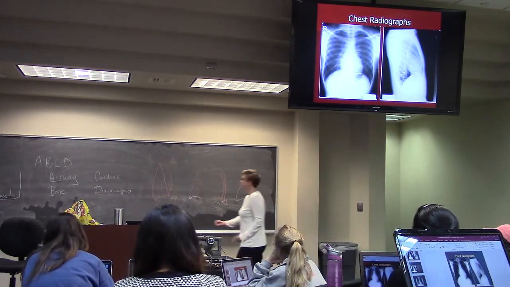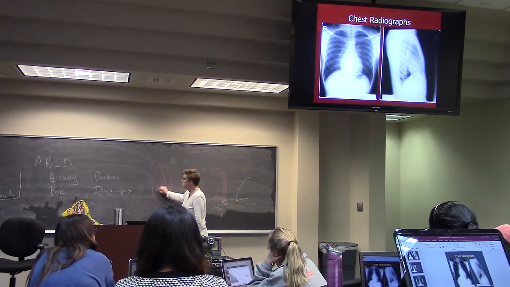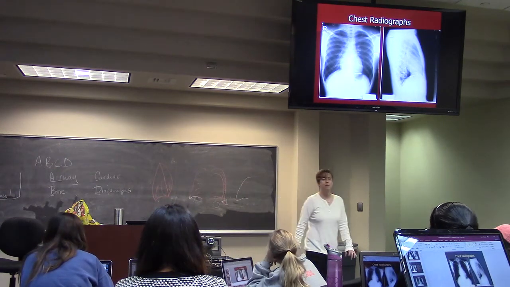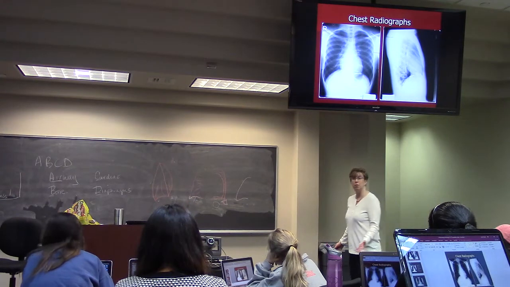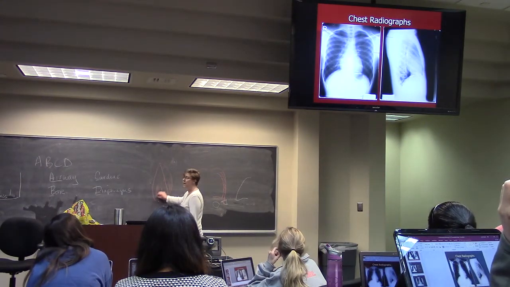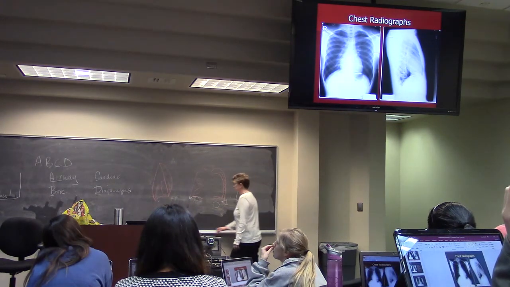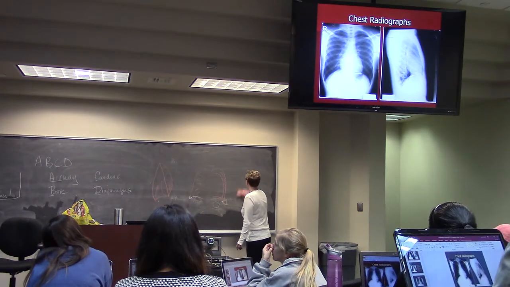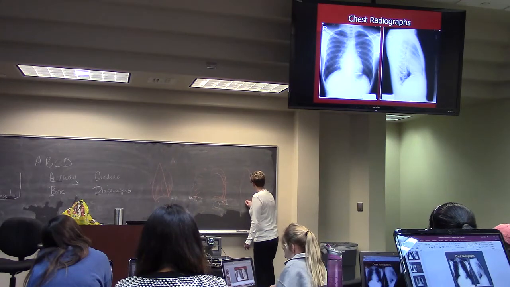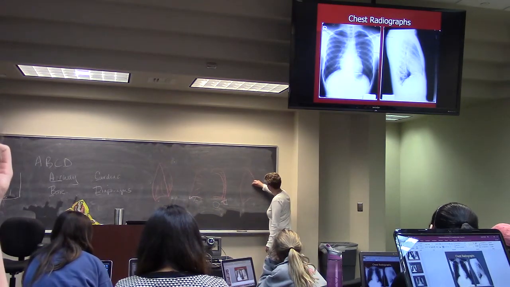So if my streaking was down here, where would my pneumonia be if we knew it was on the left side? It's a lower lobe, right? So we know something's back here in this lower lobe. This is going to make more sense in a bit, but here's your heart sitting in here.